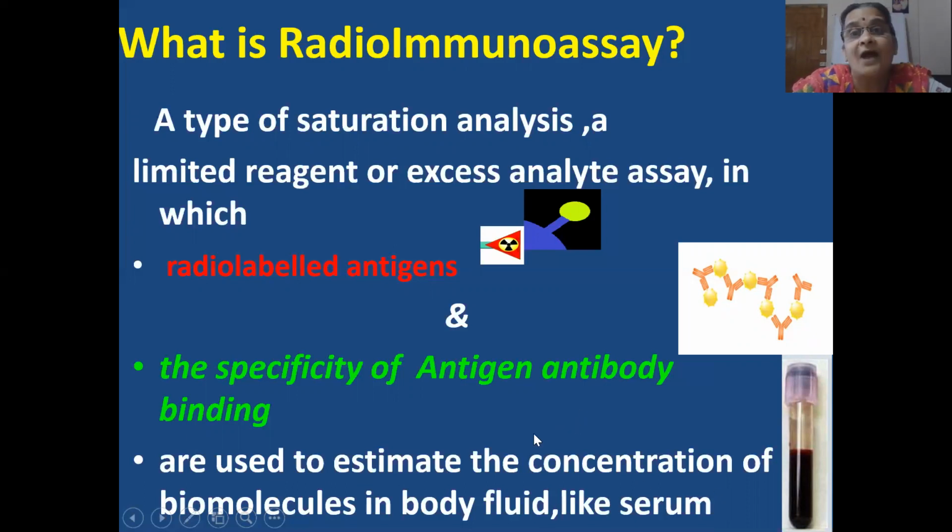For example, if I want to estimate insulin, then insulin is the biomolecule. Because it is antigen-antibody, we talk about insulin as an antigen. Otherwise, it is not an antigen, but in this assay, in this context, it becomes an antigen.